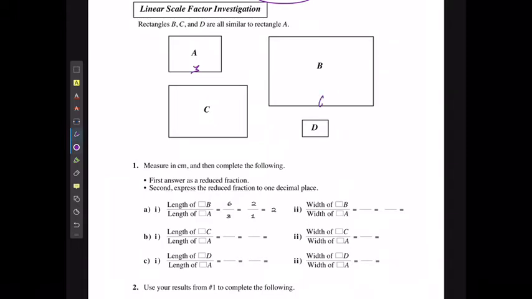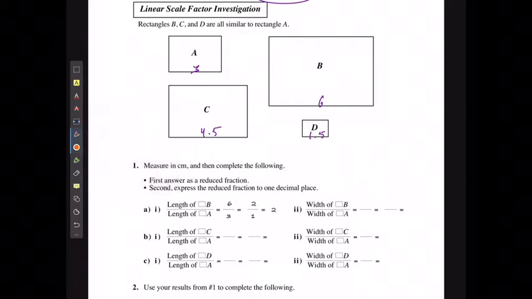There's 3, there's 6. At the same rate, the length of rectangle C is going to be 4.5, and the length of rectangle D is going to be 1.5.